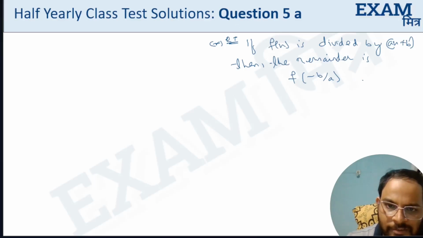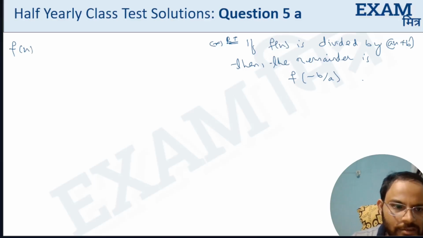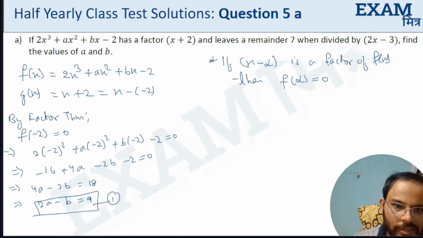So it's a very simple statement. What is f(x)? So here f(x) is 2x cube plus ax square plus bx minus 2.